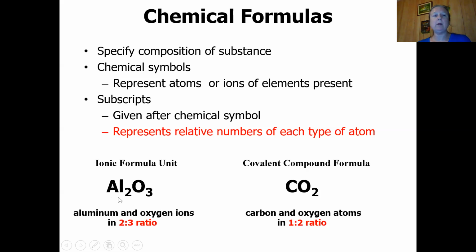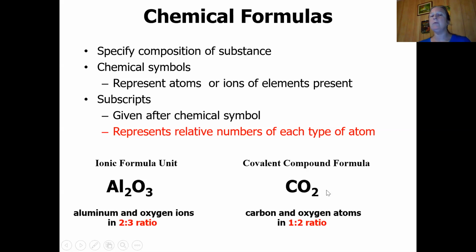If you wonder how we know there are only 2 aluminums and 3 oxygens, it's because it's in this crystal. You do have a ratio based on the geometry of the crystal, but most importantly, we write it as the simplest ratio. You wouldn't write 4 aluminums and 6 oxygens, because that can be divided by 2. So it's always the simplest ratio.